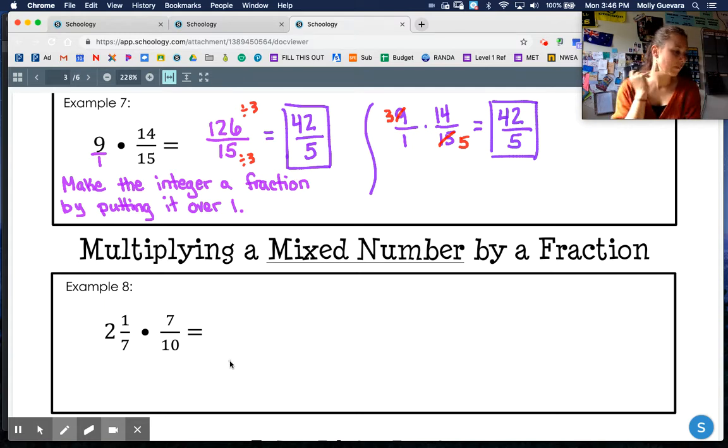The last example for multiplying is multiplying a mixed number by a fraction. So really quickly, we're going to review how to change this to an improper fraction.